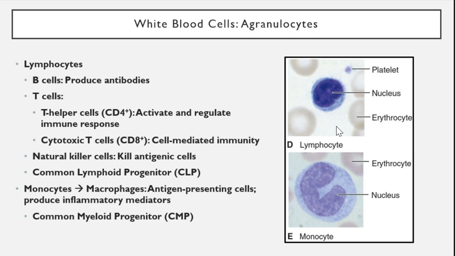And then we also have your monocytes. Monocytes have a really big, curved, kidney bean shaped nucleus. That's how you identify them. With monocytes, it's a very large cell with a kidney bean nucleus, and what's important about them is they are antigen presenting cells.